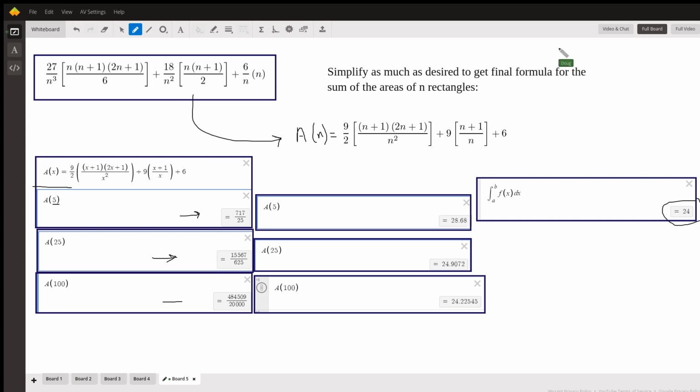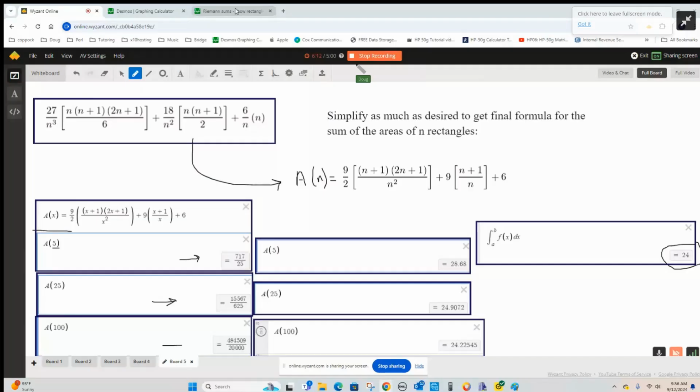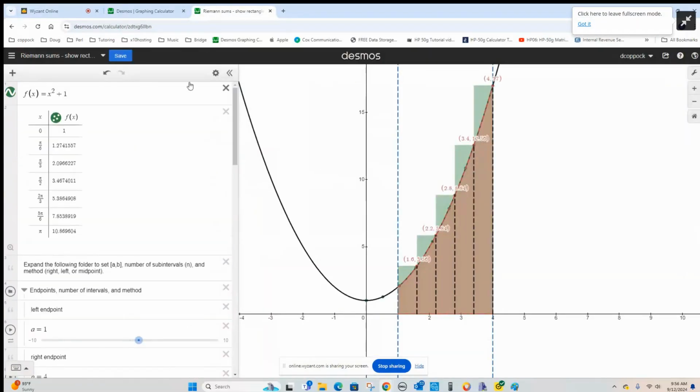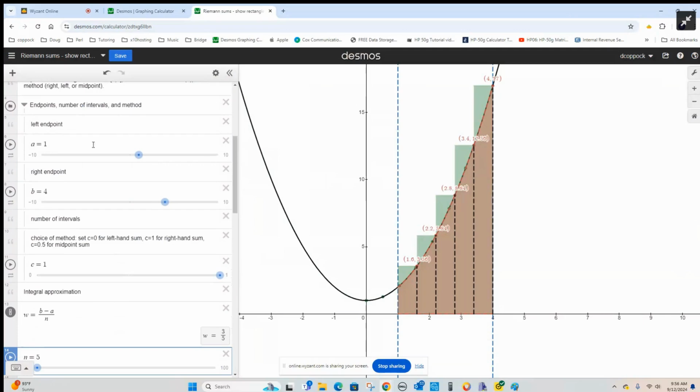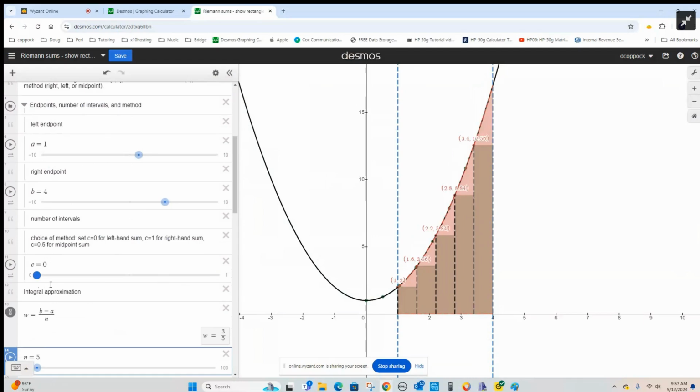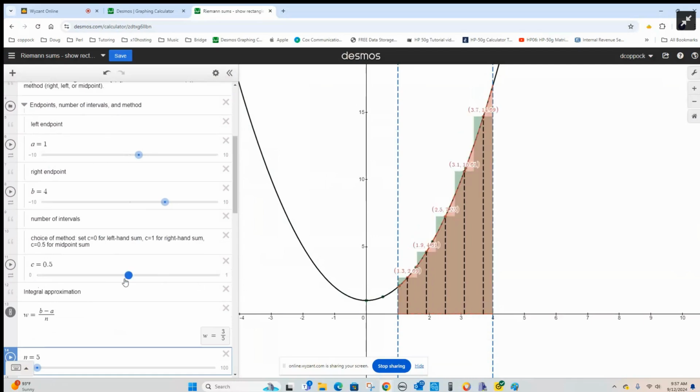Okay, so if I quickly share my screen, go to Desmos. Here's a Desmos graph that does Riemann sums. There's the function x squared plus 1. A and B are the left and right-hand endpoints respectively, 1 to 4. C controls whether using left-hand endpoints, right-hand endpoints, or midpoints.